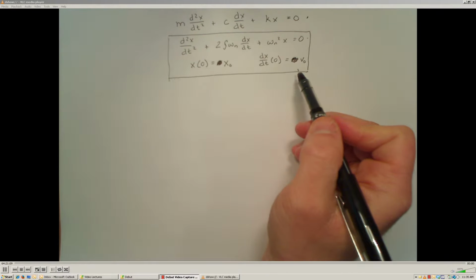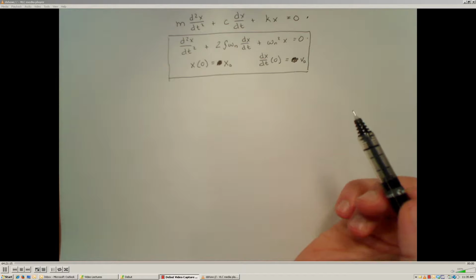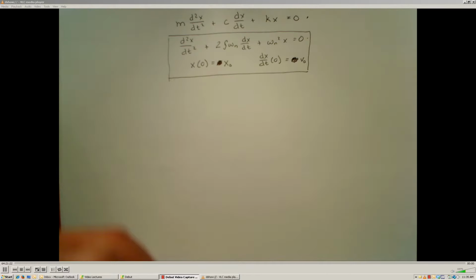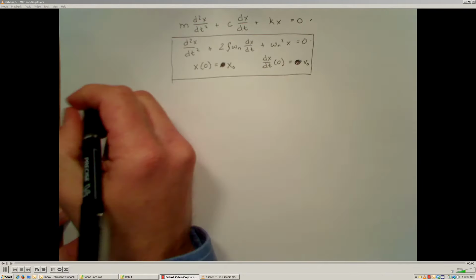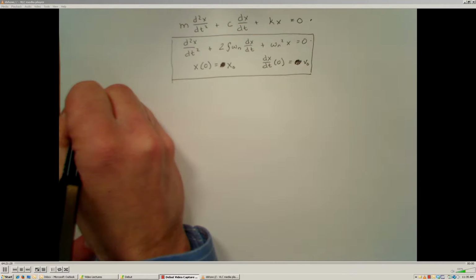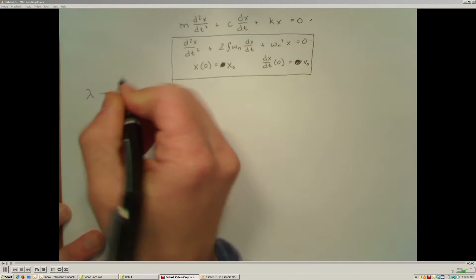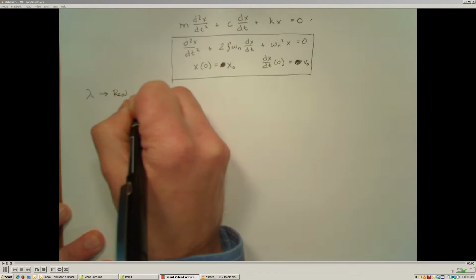In order to solve this, the other thing we need to keep in mind is the previous discussion about the value of the eigenvalues. What types of roots to the characteristic equation do we have? The first case we're going to look at is what happens if the characteristic roots are real and distinct.